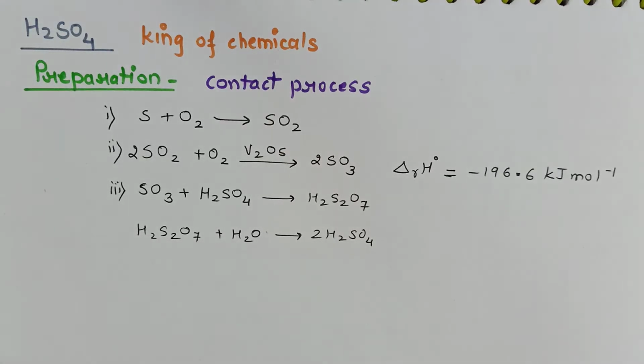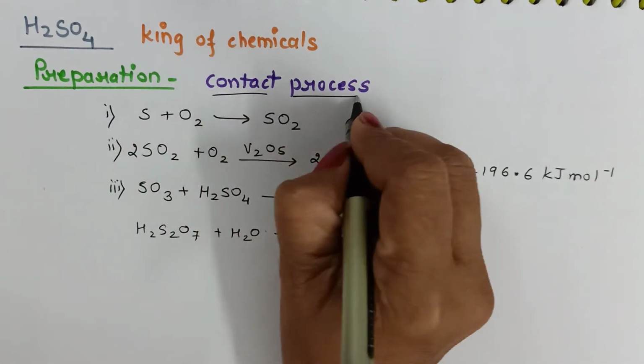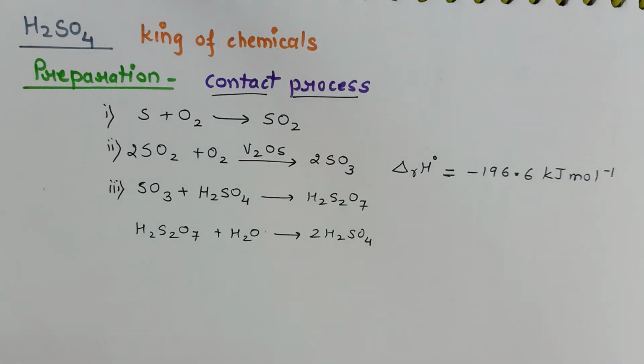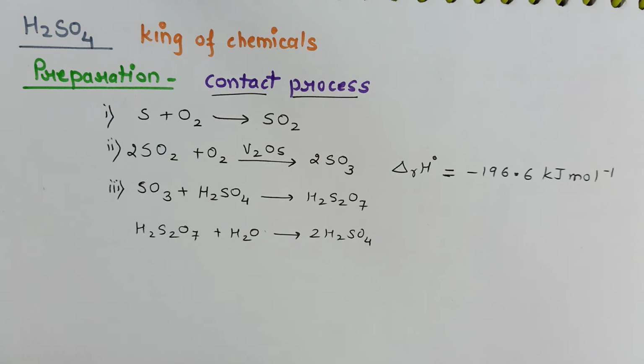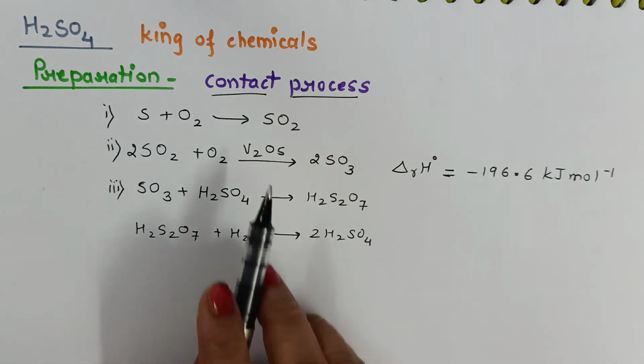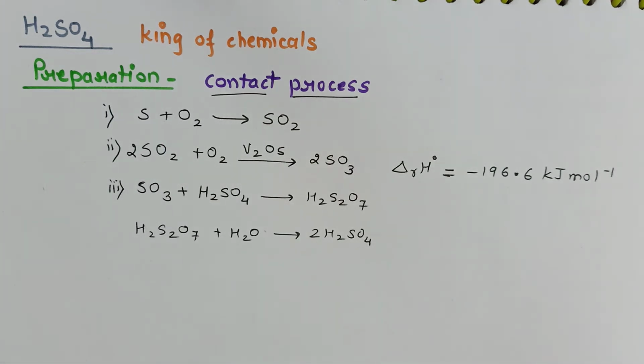The next compound of sulfur that we are going to discuss is known as the king of chemicals, and that is sulfuric acid. So how is it prepared? It is prepared by a process called the contact process. In the first step, it is the burning of sulfur directly in the atmosphere, or SO2 is obtained by using sulfide ores by the roasting process.